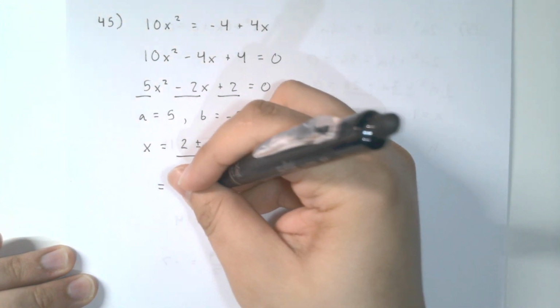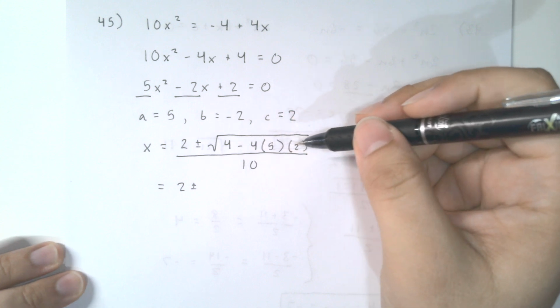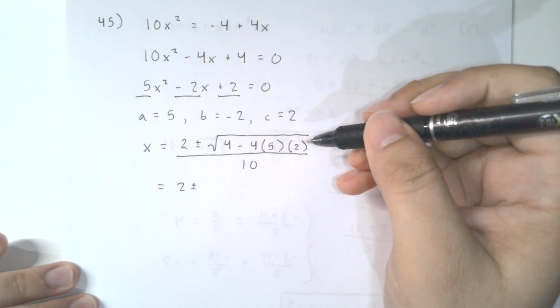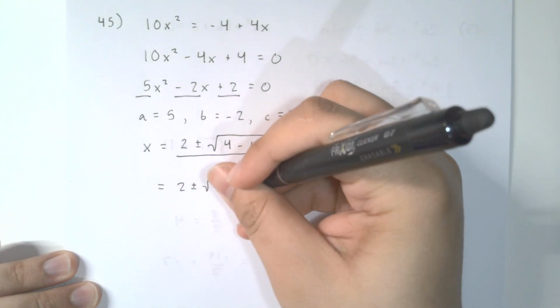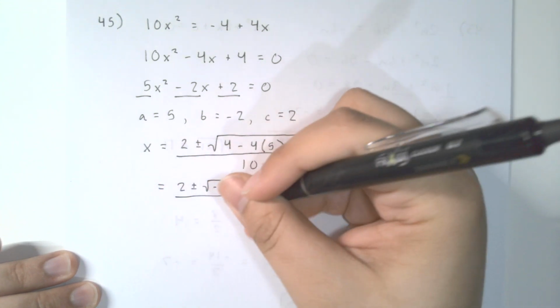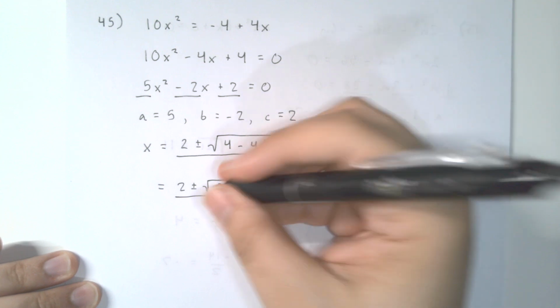And so, evaluating our discriminant, we have 4 minus 4 times 5 times 2, putting that into a calculator, and we're going to get square root of negative 36, and then all of that is going to be over 10.